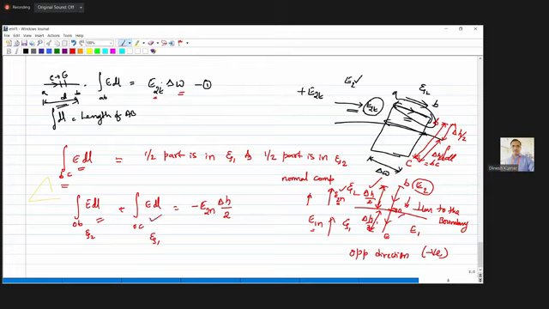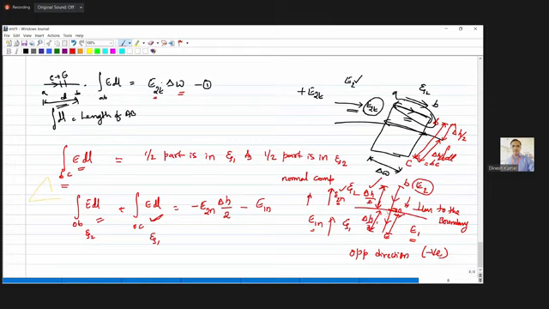The length from B to 0 is delta H by 2. Next, coming to the integral from 0 to C of E dl, see here this remaining half part. This remaining half part belongs to E1, the normal to the boundary, but the E1 component is exactly opposite to the direction of OC. So this also we take with the negative sign, E1n.